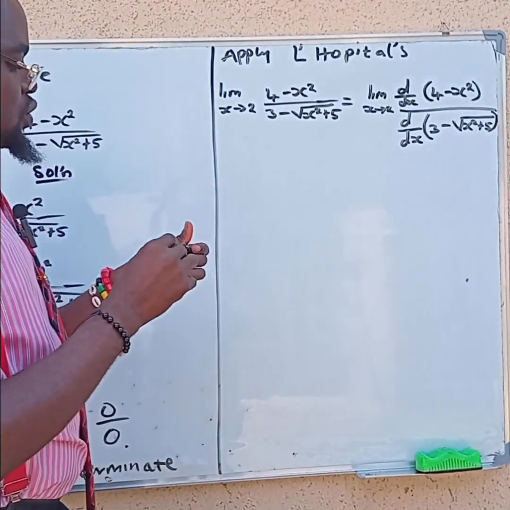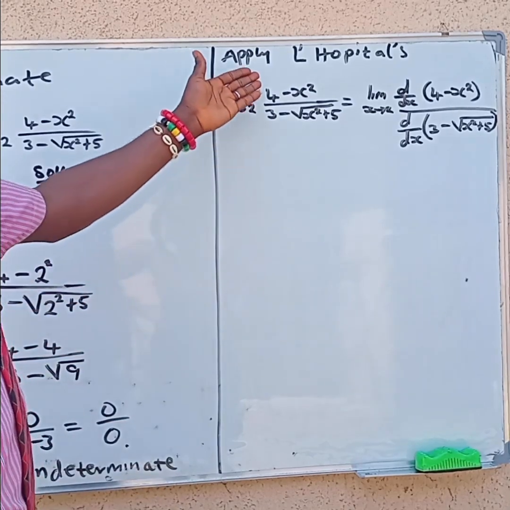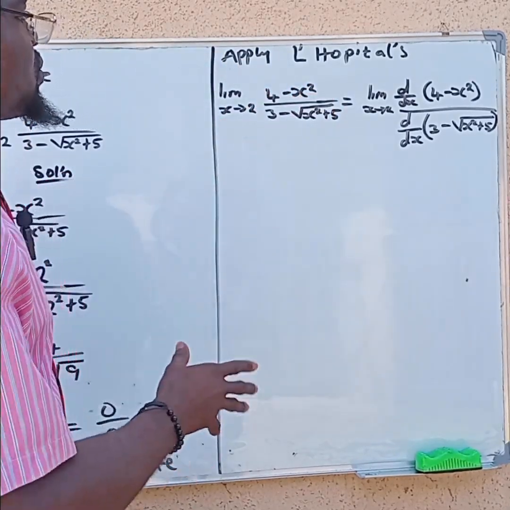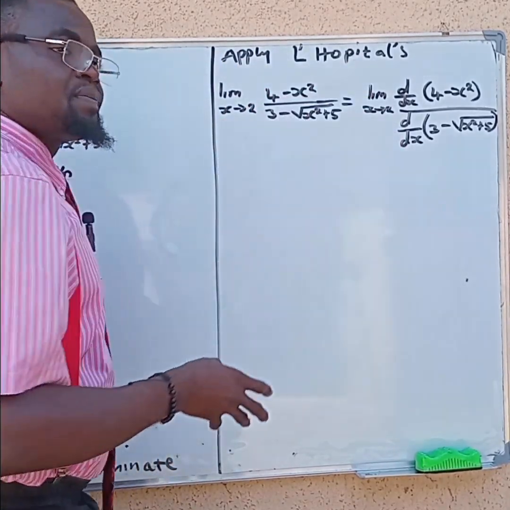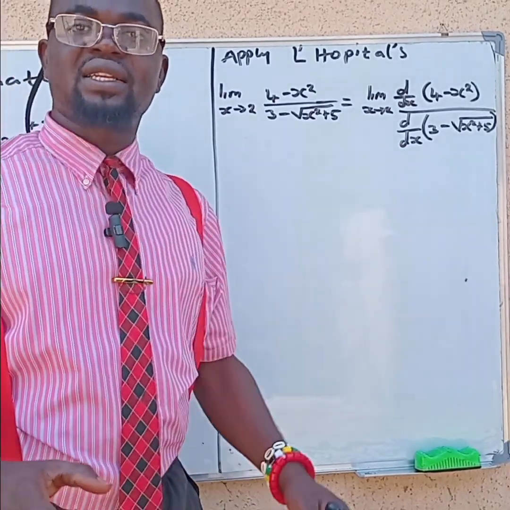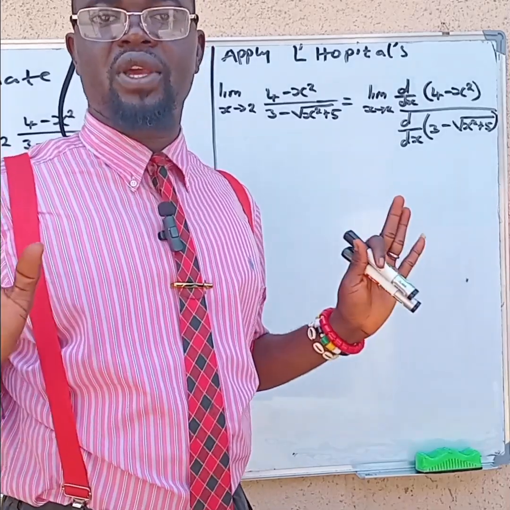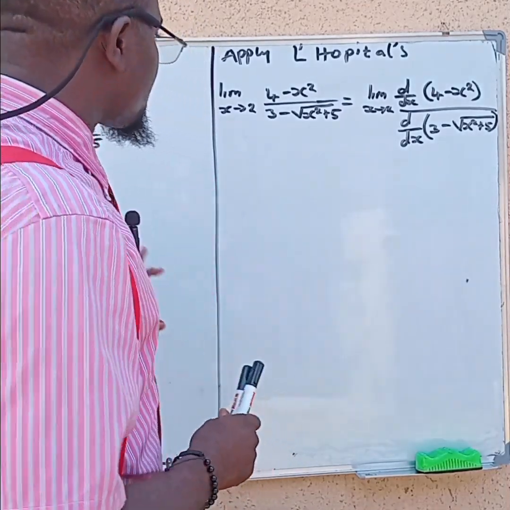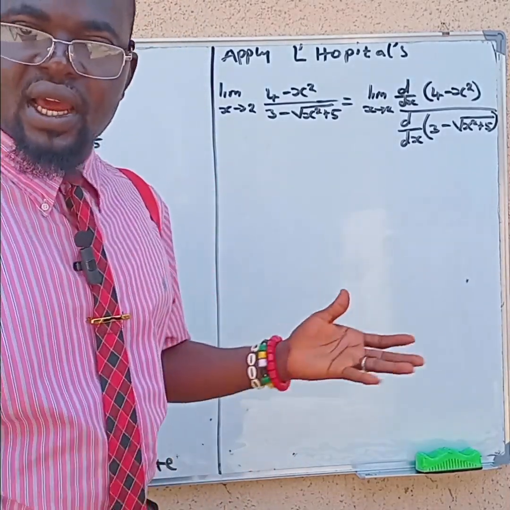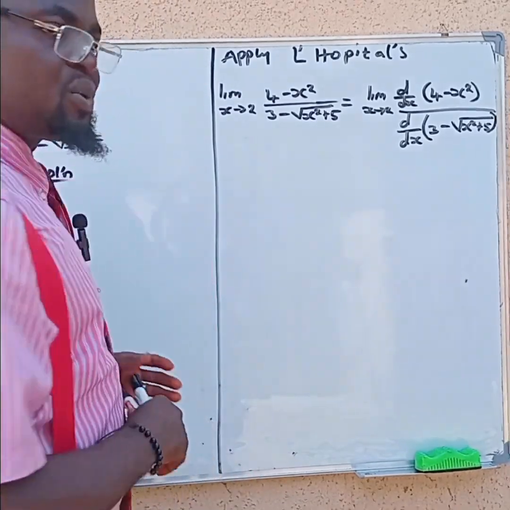So this is what you do when you talk of L'Hopital's: you differentiate the numerator and the denominator the same way before you can now substitute. In that case, we will find the solution.